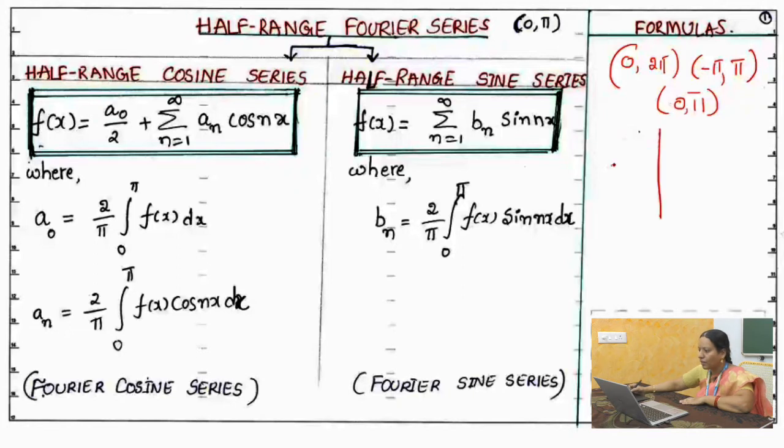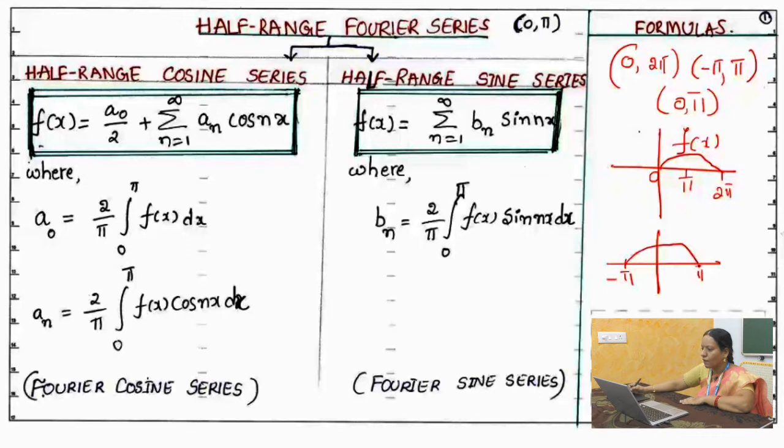Pictorially, this is 0, this is pi and this is 2 pi. Suppose this is the graph of your function. Till now, we discussed on these graphs.